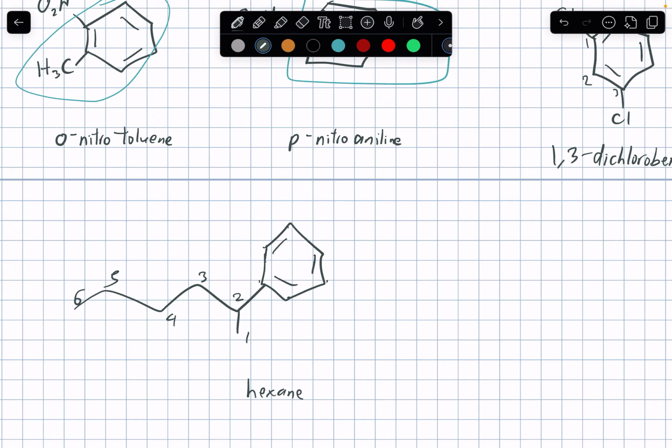So I guess, for example, we only have five carbons in the parent chain. That's when this chain becomes a substituent. And at the same time, this becomes the parent chain. Okay?